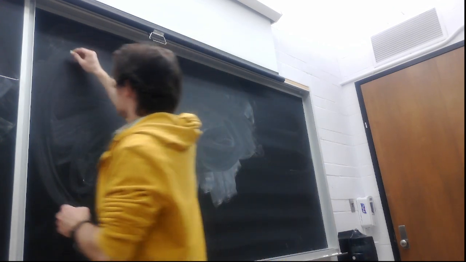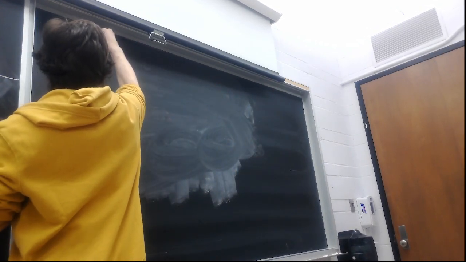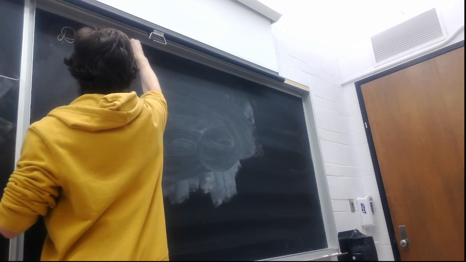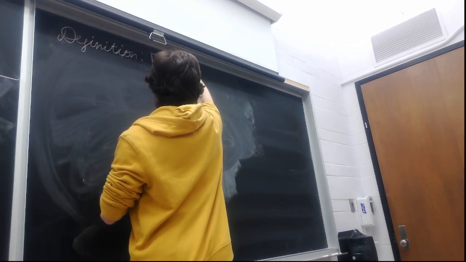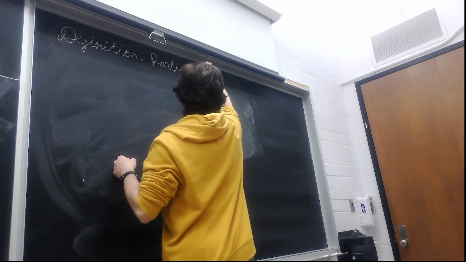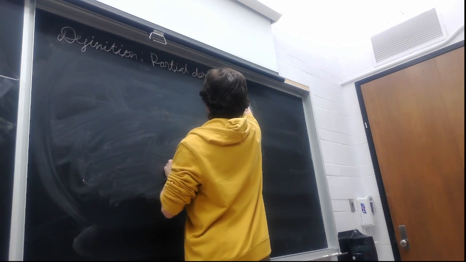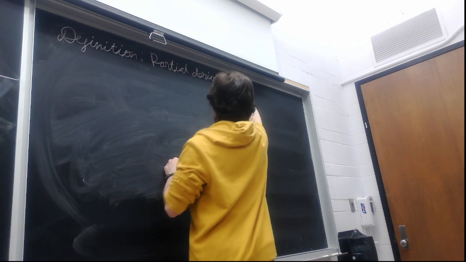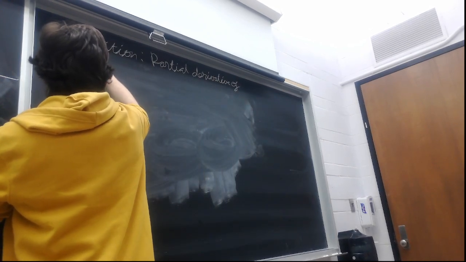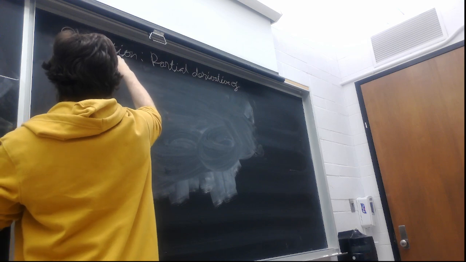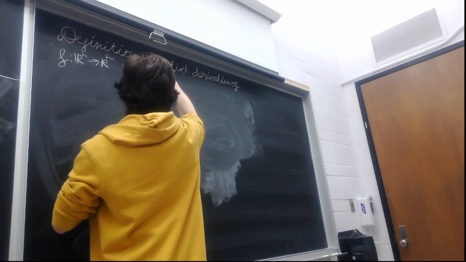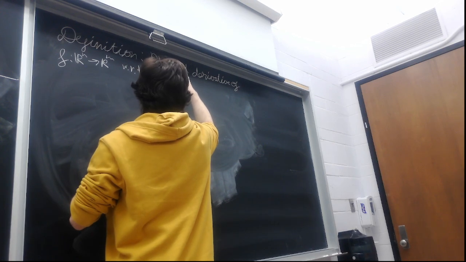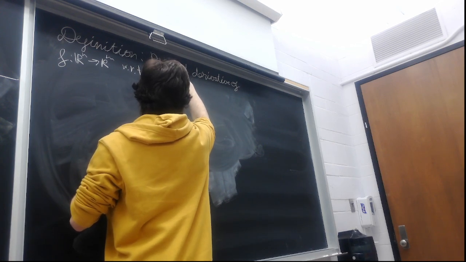Right, so definition: the partial derivative of f from R^n to R^m with respect to x_i at x naught.